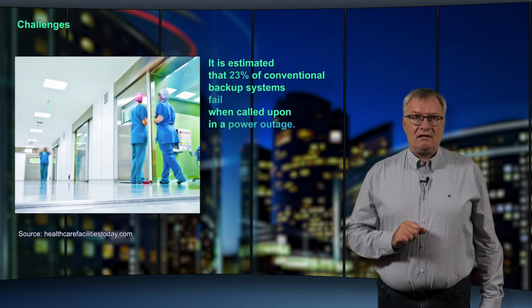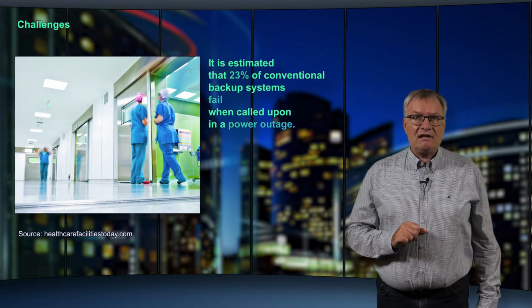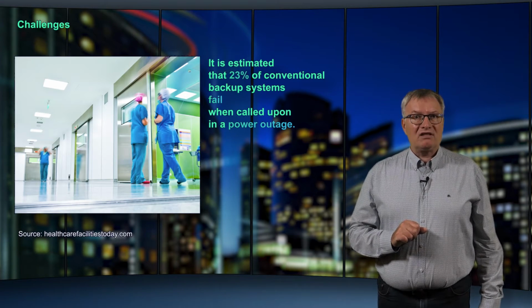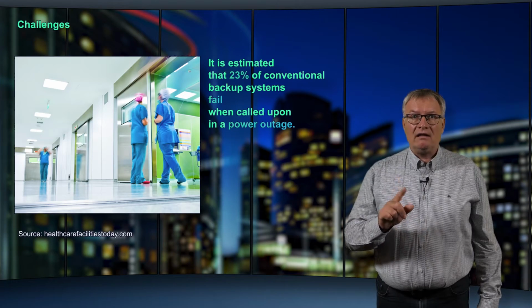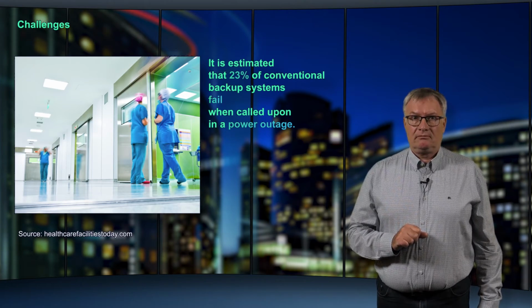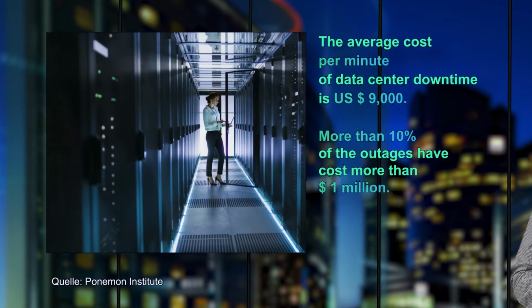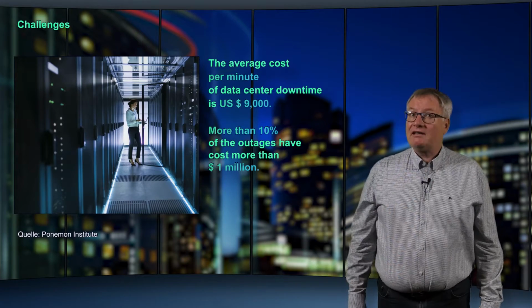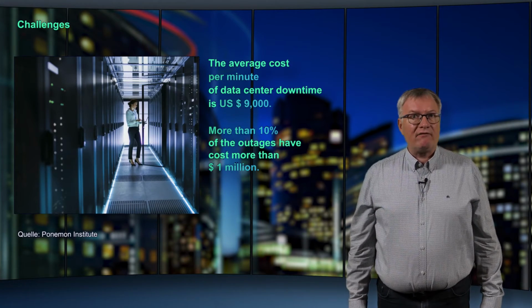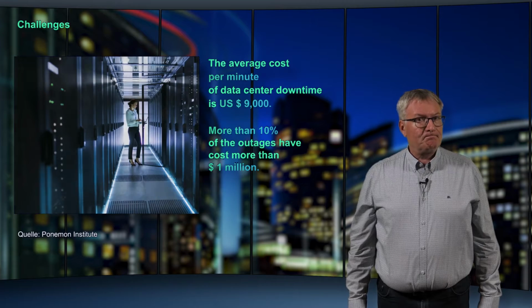Regarding medical facilities, Healthcare Facilities Today has estimated that 23% of conventional backup systems fail when called upon during a power outage. As well as challenges in data centers, where the average cost per minute of downtime is $9,000. In addition, more than 10% of the outages have cost more than $1 million.